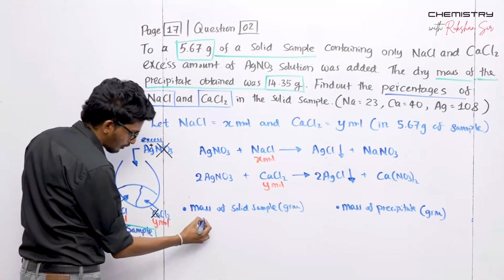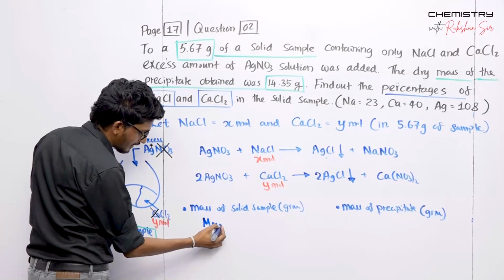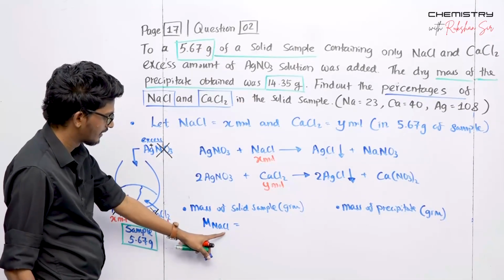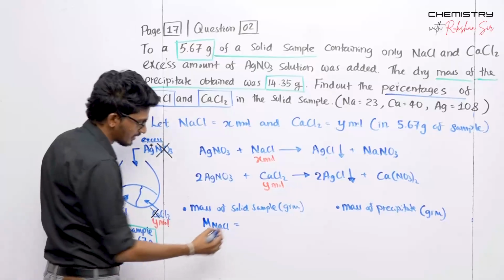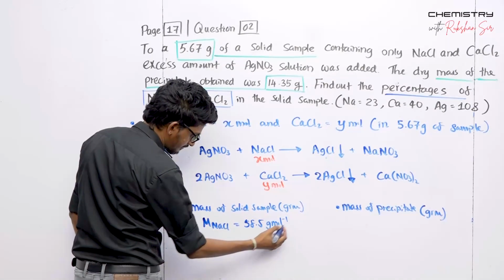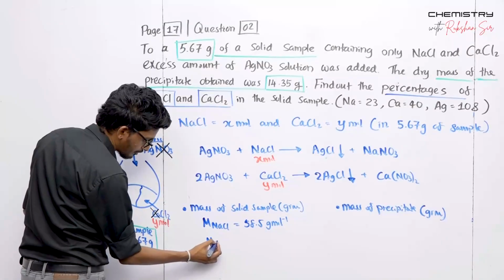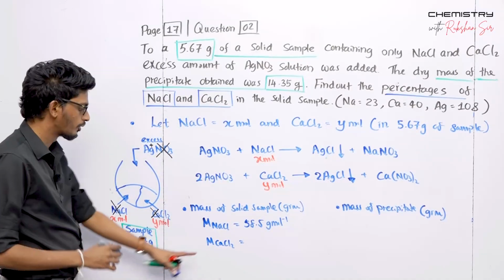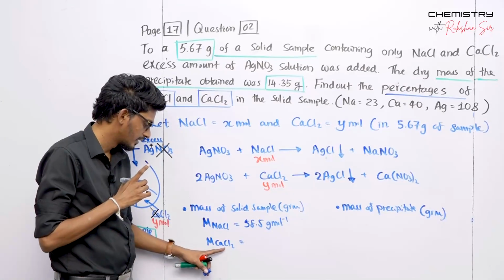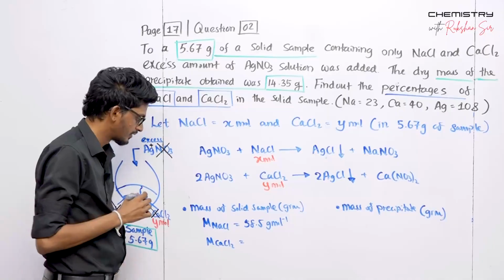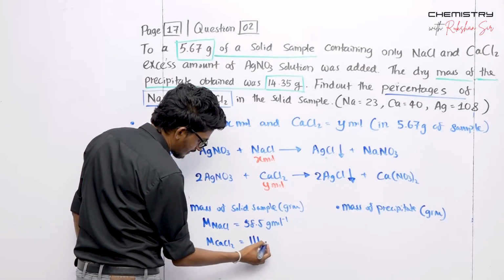The molecular weight of NaCl is 35.5 plus 23, that is 58.5. What was the molecular weight of calcium chloride? You have 40 here, 2 times 35.5 is 71, and 40 plus 71 is 111.